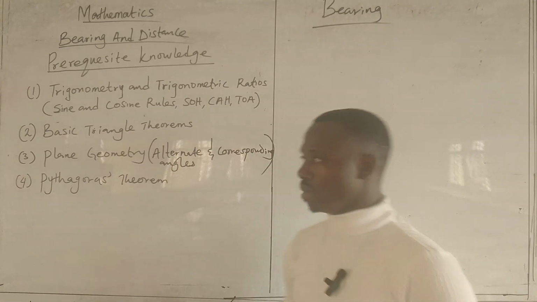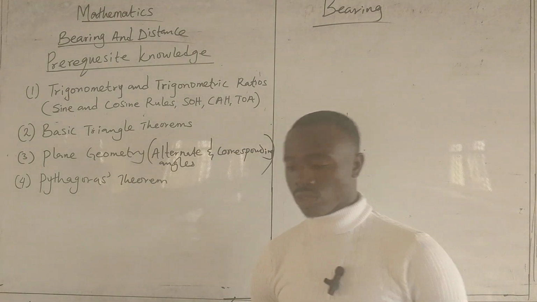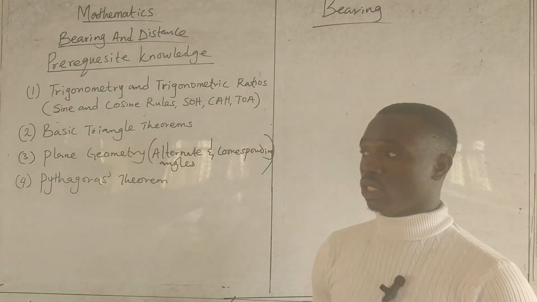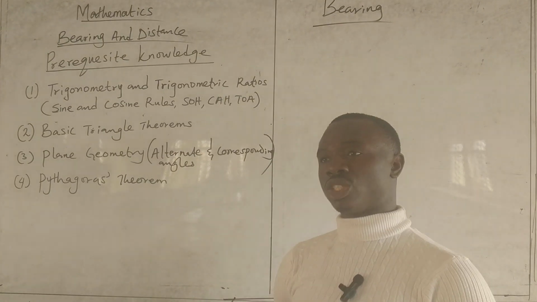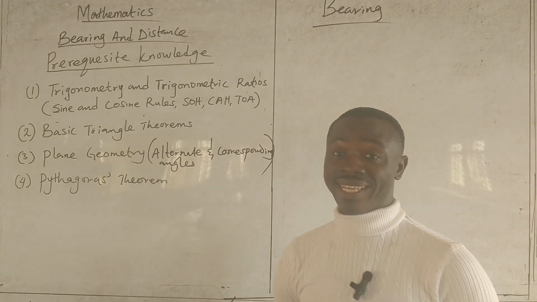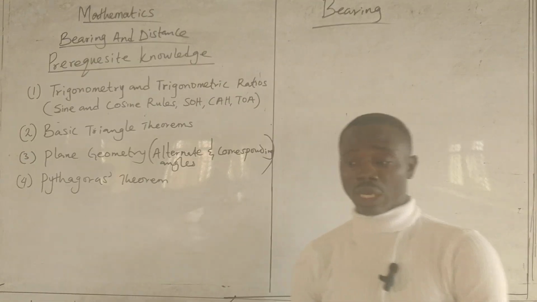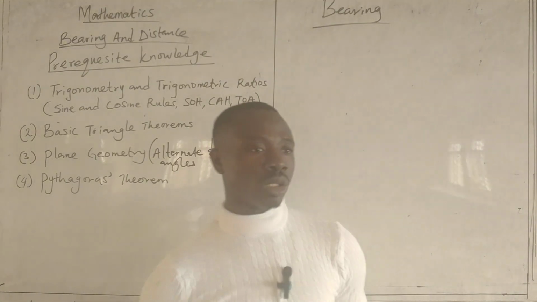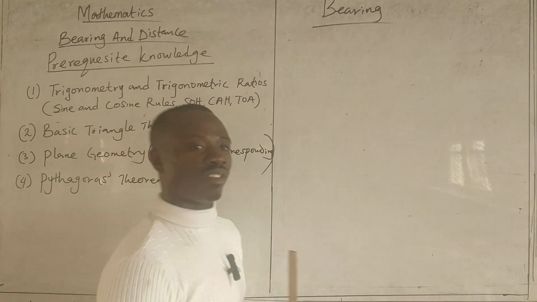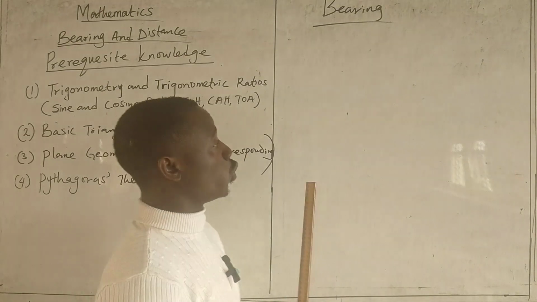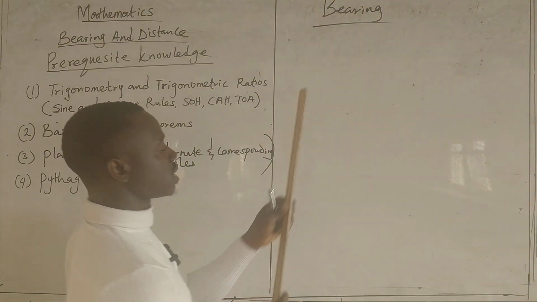But for now, we are going to be looking at the basic four cardinal points. Those will help us to locate the direction in which an object is headed. So what are the basic cardinal points we have? We have the north, the east, the west, and the south.